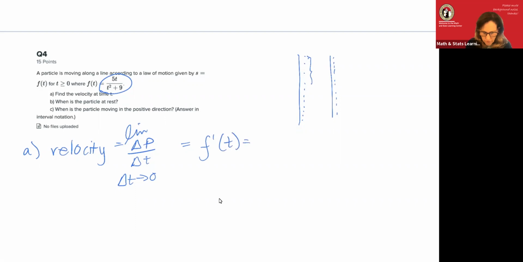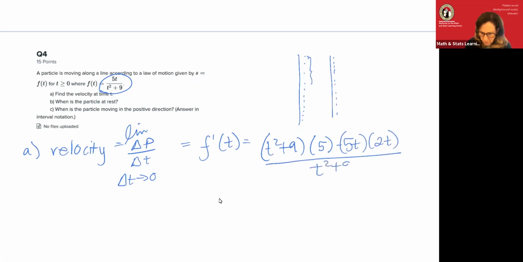The derivative of a rational function is the bottom times the derivative of the top, which would be 5, minus the top, 5t, times the derivative of the bottom, which would be 2t, all divided by the bottom squared, (t squared plus 9) squared.